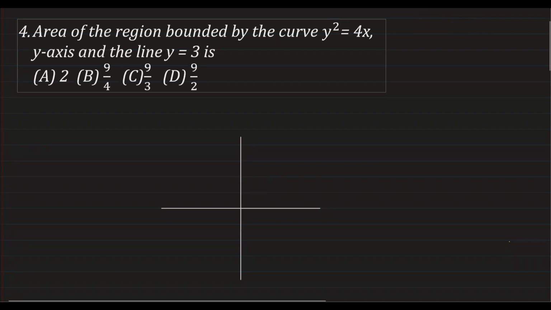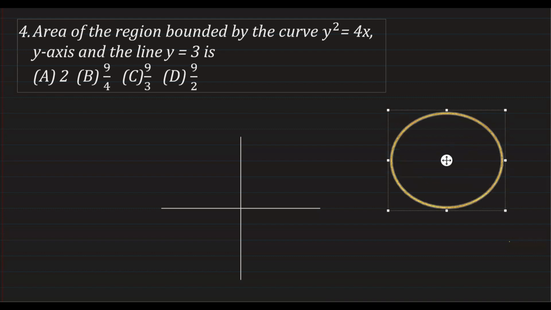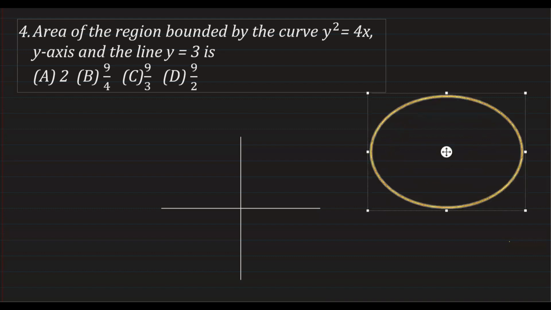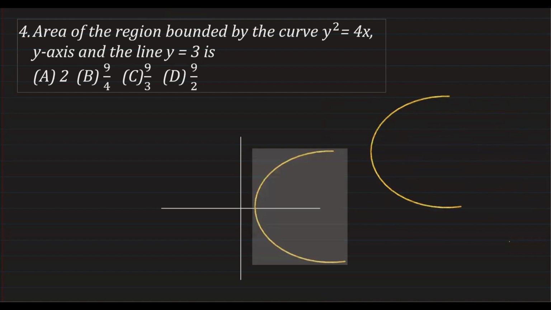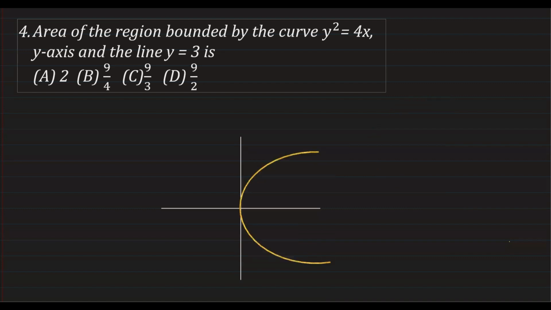So I'll first make a parabola. I made a parabola. Moreover, you can see that its vertex is 0, 0, right?